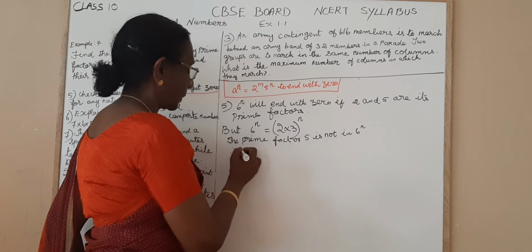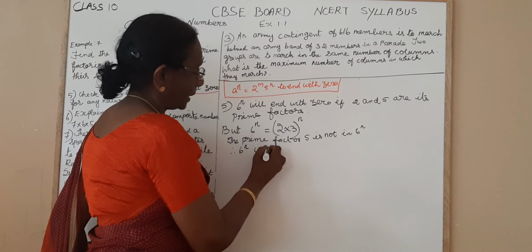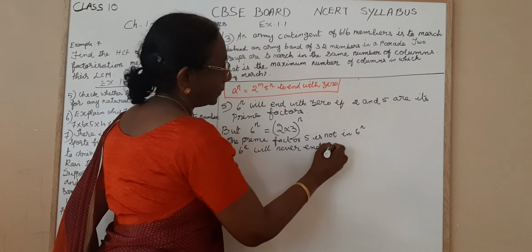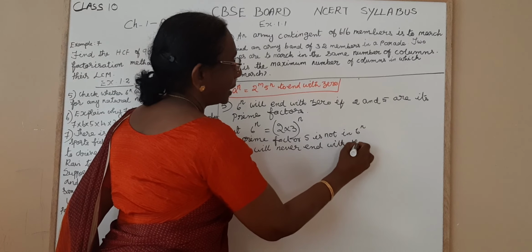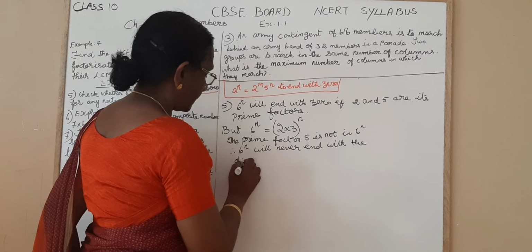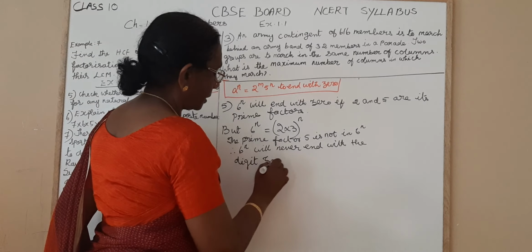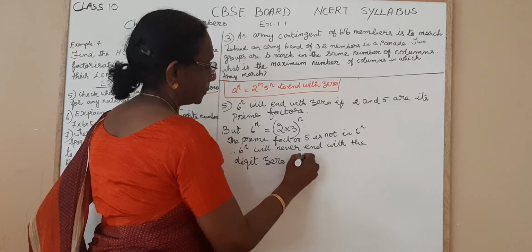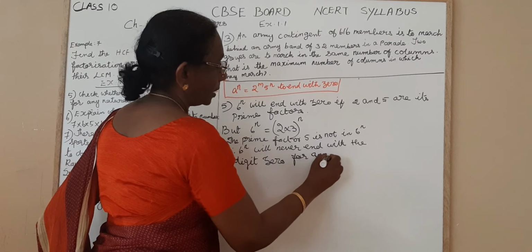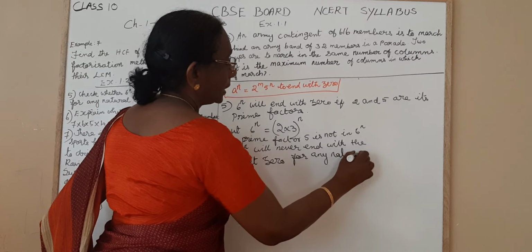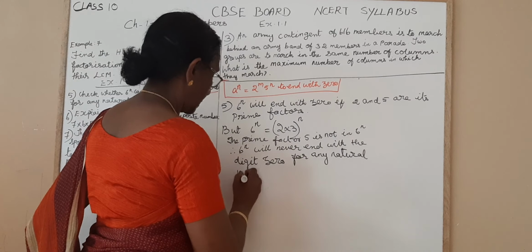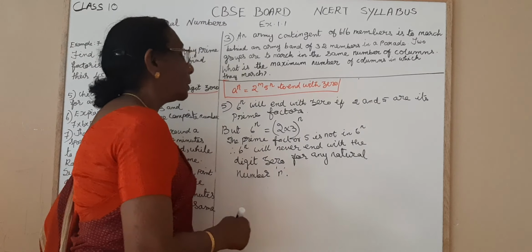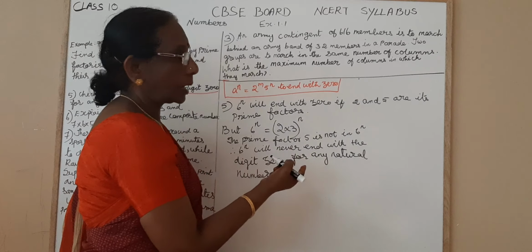Therefore, 6 power n will never end with the digit 0, for any natural number n. It should have 2 and 5 as the prime factors.